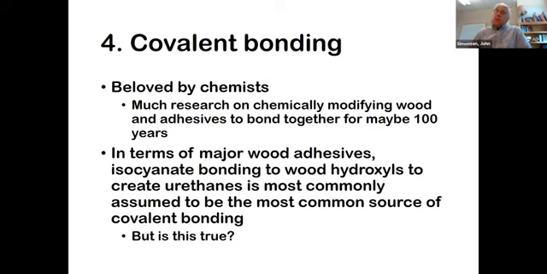And to do this, it makes intuitive sense that if you have an adhesive that chemically reacts with the surface you put it on and forms, for example, a carbon-carbon bond, a very strong bond, and it does that on the other surface too, then intuitively you would think that that has to give you the best possible adhesion. Turns out that's not really true, because of theory number 5, which we're going to get to.